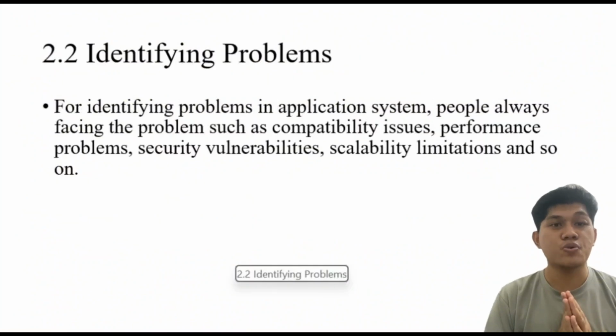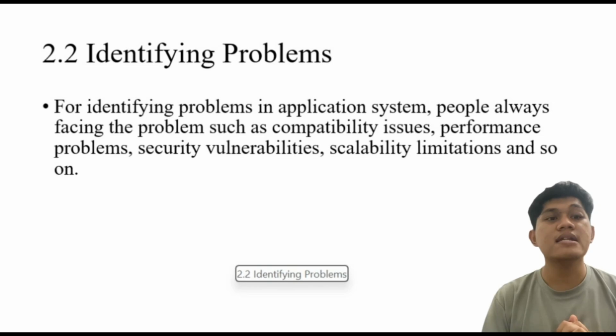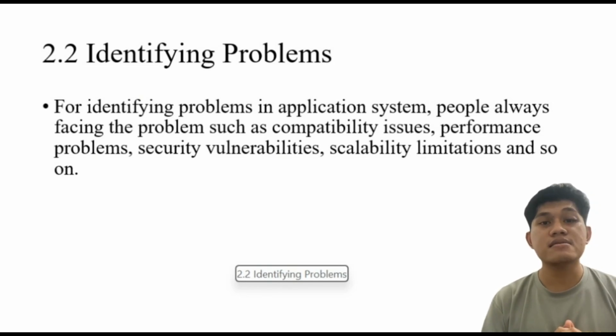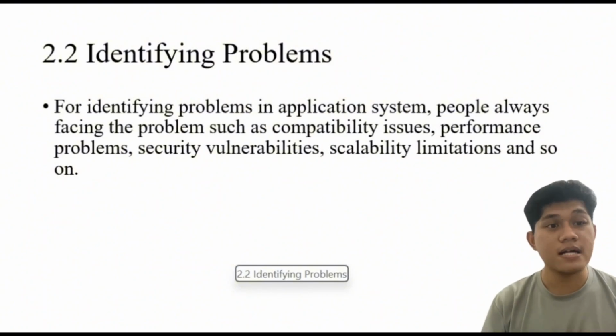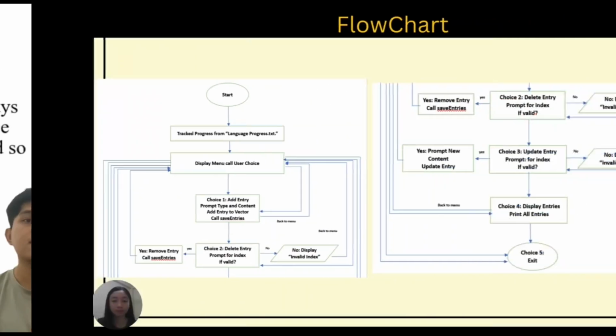For 2.2, identifying problems. For identifying problems in application systems, people are facing problems such as compatibility issues, performance problems, security vulnerabilities, scalability limitations, and many more. Okay, that's it for me.